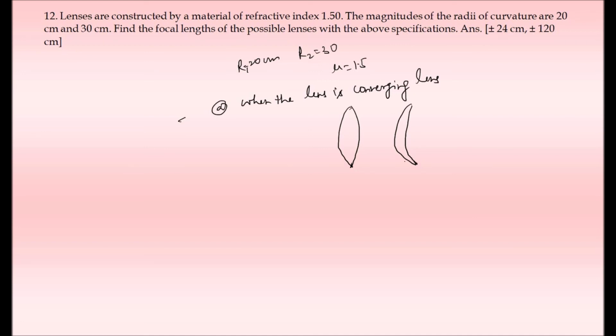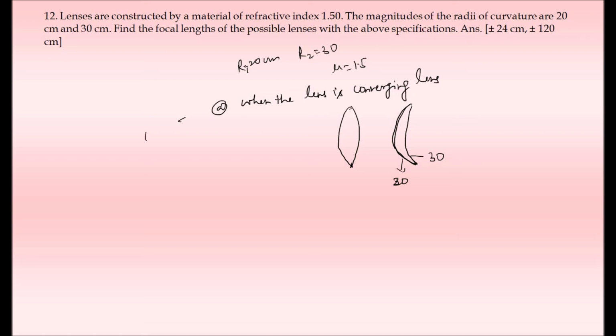So in case of concavo convex lens, this must be equal to 20 and this must be equal to 30, as in case of concavo convex lens, the convex surface is steeper than the concave surface, that is the radii of curvature of convex surface will be less, and this is our convex surface.